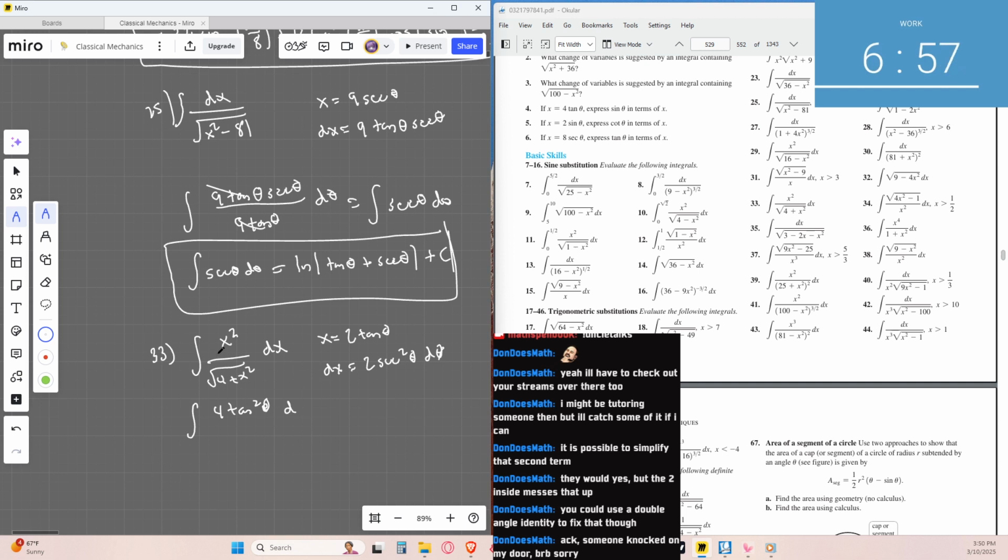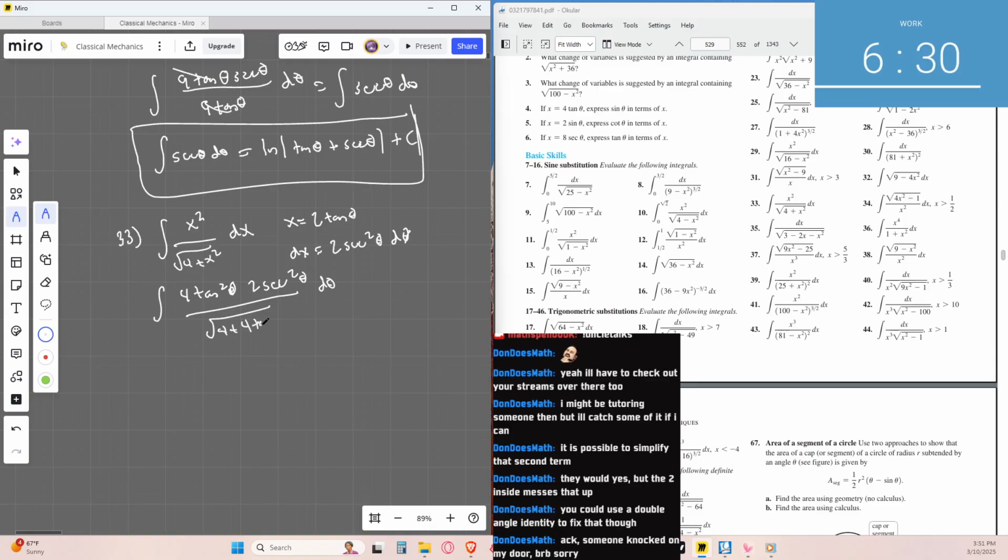Oh wait, yeah, that's correct. What am I doing? And then that would be multiplied by secant squared. And then when we do this, 4 plus tangent squared, thereby letting this equal 2. Actually, we should write 8 here.